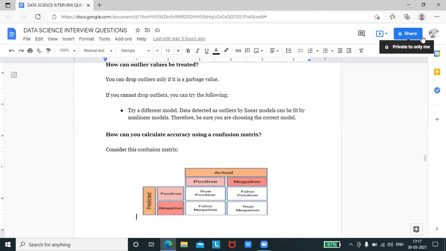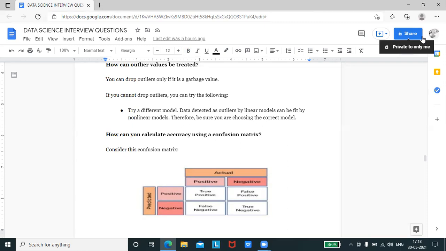When actual is negative and predicted is also negative, then it's a true negative, which is also a proper classification. But if the actual is negative and the predicted is positive, then it's known as a false positive, which is a misclassification. Again, if actual is positive and predicted is negative, then it's a false negative, which is again a misclassification.